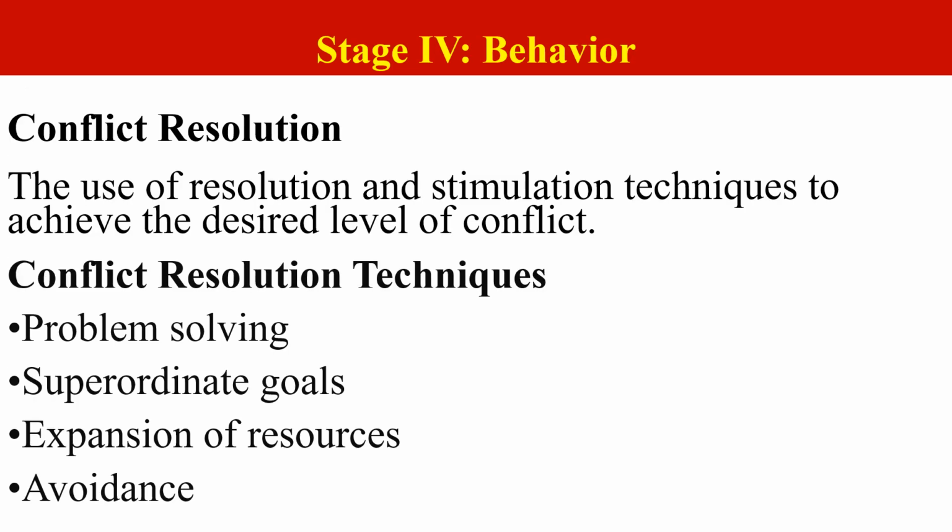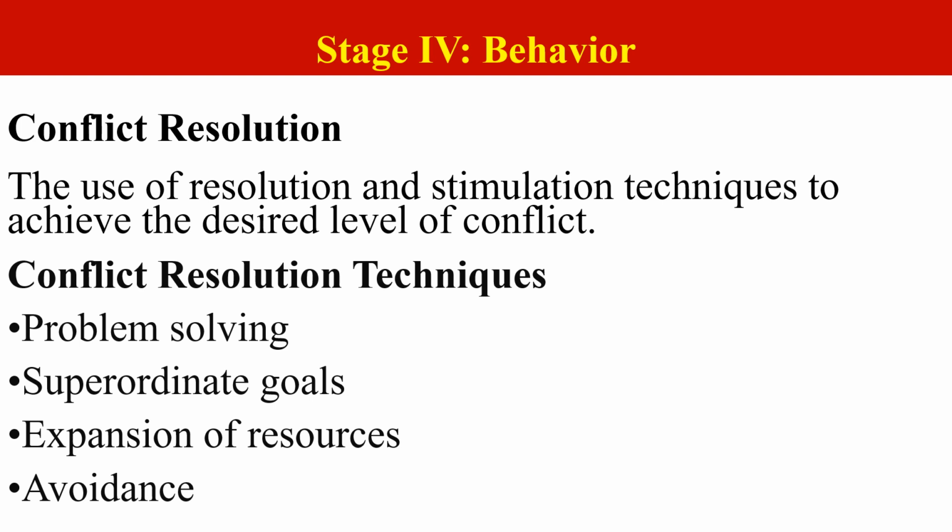Stage 4 is the behavior stage, in which the various groups and individuals behave in different manners for the resolution of the conflict. Now, conflict resolution is the use of resolution and stimulation techniques to achieve the desired level of conflict. Conflict resolution techniques are problem solving and subordinate goals.